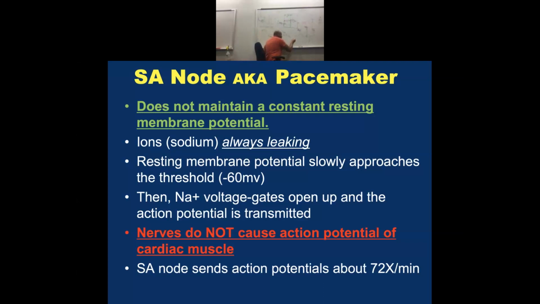As we reach threshold, the sodium gates will open. So sodium is coming in. As we reach threshold, we'll fire. We'll see a plateau due to calcium, and then we'll see repolarization due to potassium.